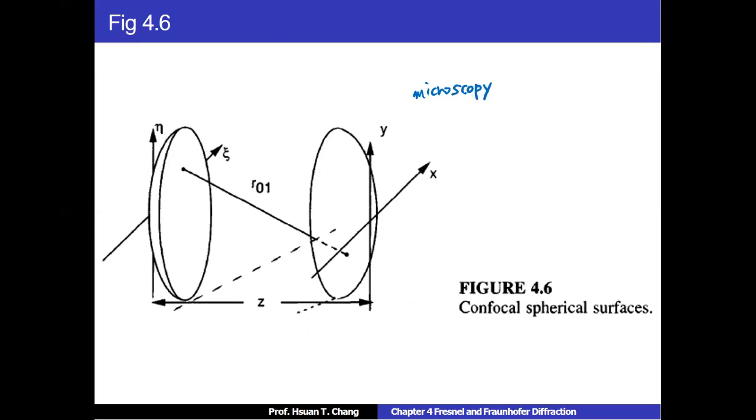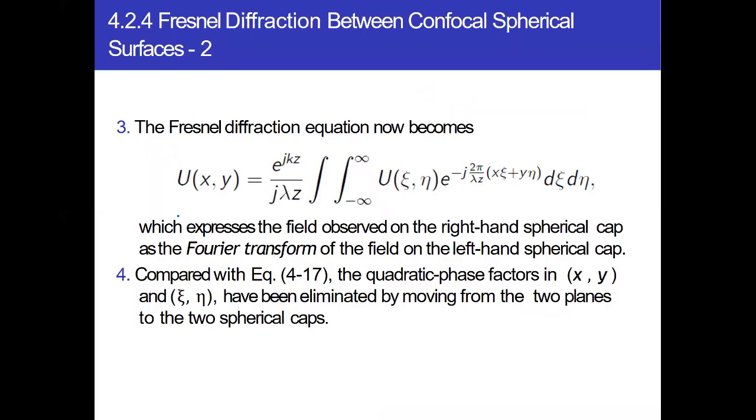Even though you have some corrections, basically you're using lenses, and you end up with an observation plane that is not really a plane. It is a kind of curved surface. And in the case of the aperture, it's also a kind of spherical surface. And in that case, it's much easier.